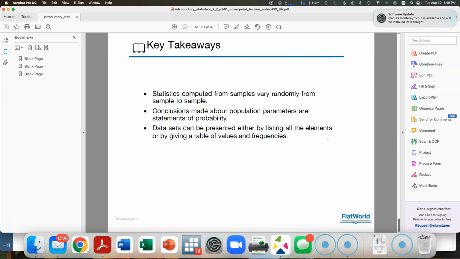And it should have hopefully been a pretty easy read within the textbook, because all we were just trying to do is introduce the general idea of what qualitative data is, quantitative data, a sample versus a population, and then descriptive versus inferential statistics. Okay, if you have any questions, let me know.